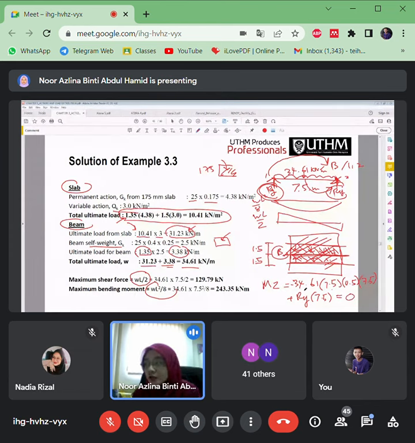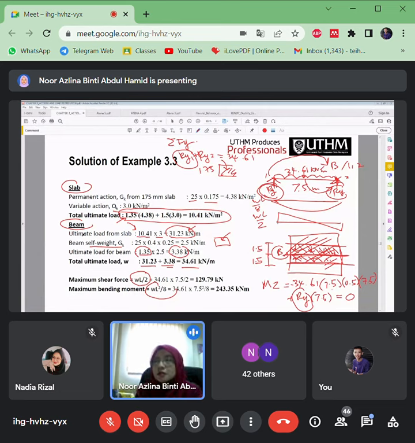From this equation, you will get the value for Ry1. Then you need to make equilibrium in Y, which is Ry1 plus Ry2 is equal to 34.61. You already know the value for Ry1, so then you can know the value for Ry2. From all of these Ry, from all the forces, you can plot manually the bending moment diagram or the shear force diagram.